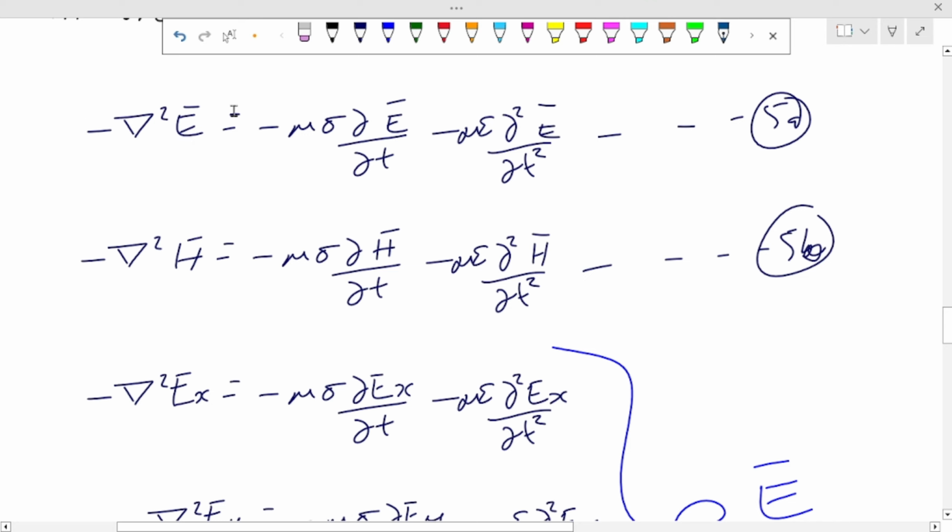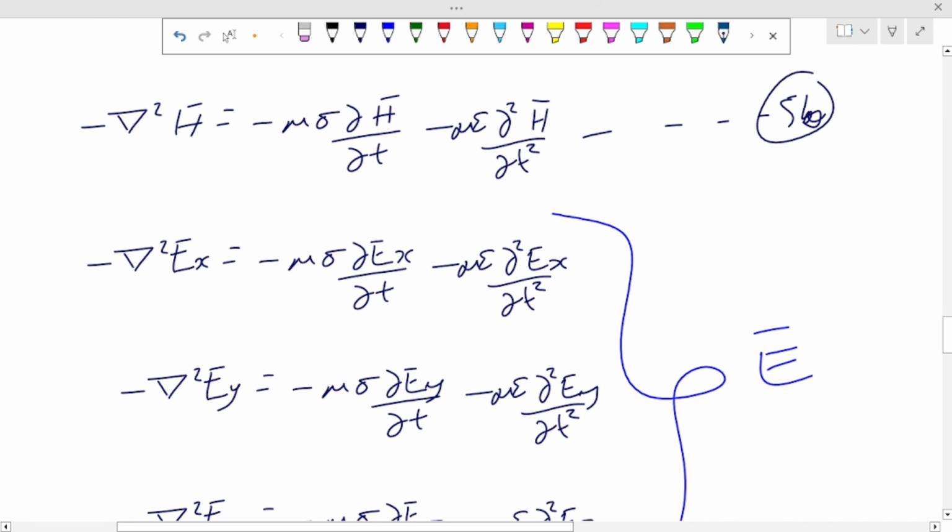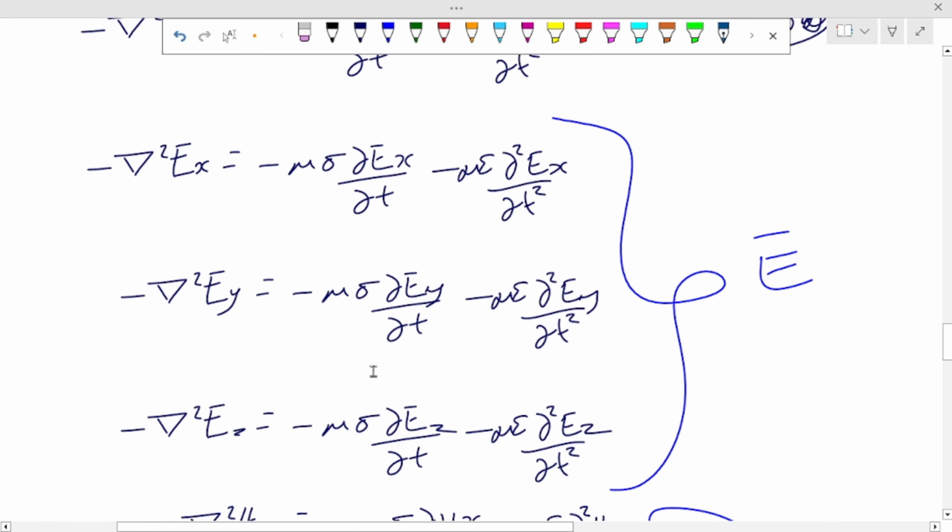So for these, the scalar component will be this. In the x direction, you just put Ex. So anywhere you see E in the formula, you just put Ex. For the y direction, the y component, you have Ey. Where you have E, we just put Ey. As simple as that. Just substitute that into the equation, and z.